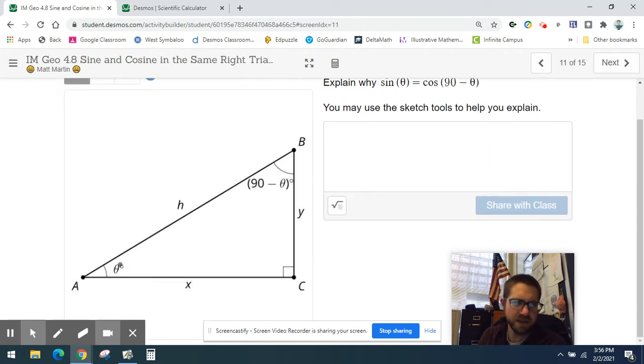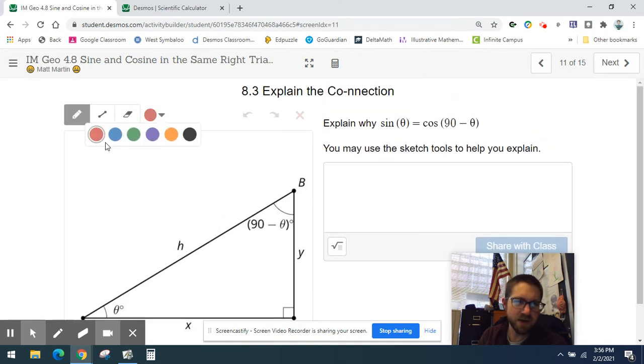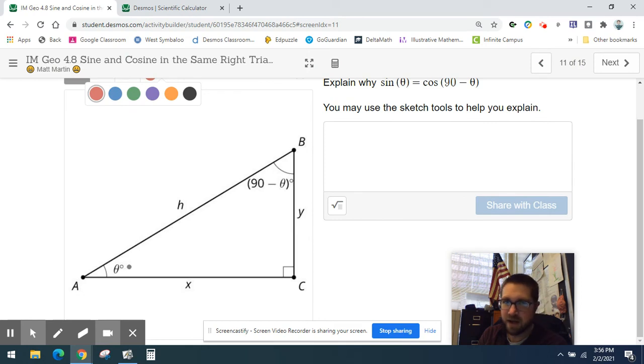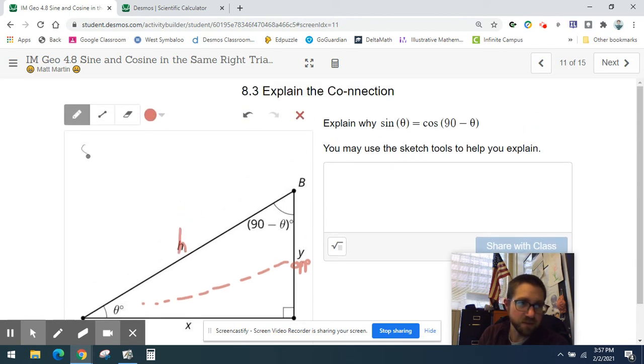So over here we have theta as the stand-in for our angle measurement. If I were to find the sine of theta as it suggests up here, then that would represent the opposite side, y, divided by the hypotenuse, h. So sine of theta is equal to y over h.